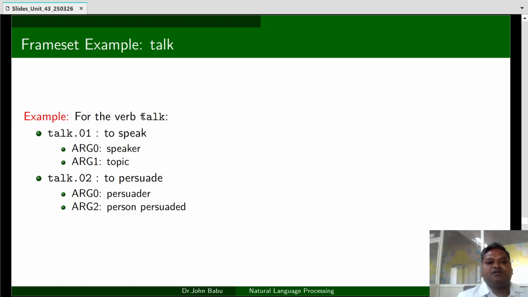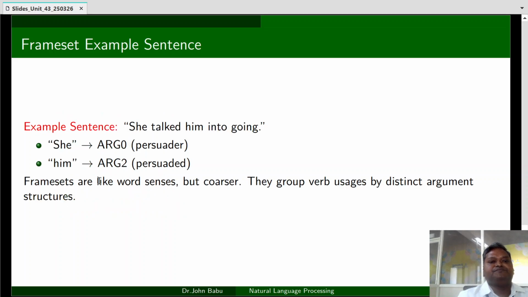Another sense, talk means persuading. He talked him into going to the picnic. That is persuading, that is the second sense. So this is how the frame sets will be there. So she talked him into going, or she persuaded him to go. So frame sets are like word senses, but they are broader.